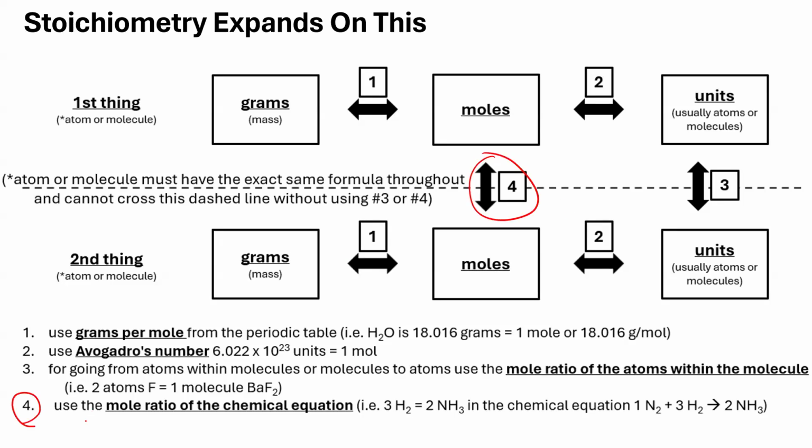We're going to use the stoichiometric coefficients or the mole ratios between different things in the equation. I keep using this example of a reactant to product, but this can also be used between different reactants or between two products, right? So it's very versatile. So let's try this out.